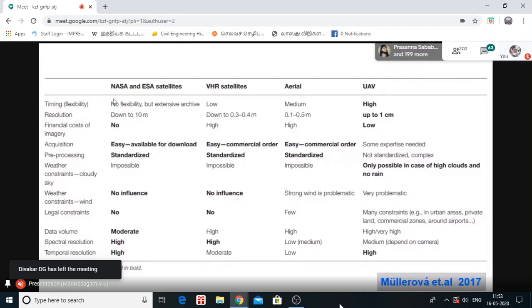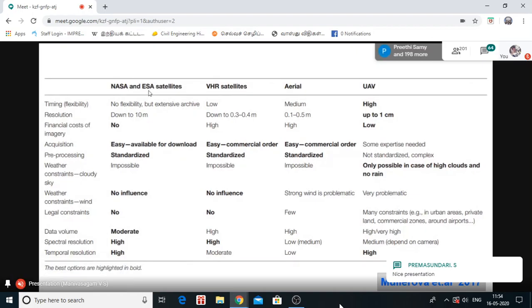The available satellite sensors can be classified into 4 categories. The first one is the Earth observation satellites, like I said, Landsat from NASA or Sentinel from the European Space Agency. It has a spatial resolution of 10 meters and it's openly available. The major drawback is that if you have clouds, we can't capture the image.